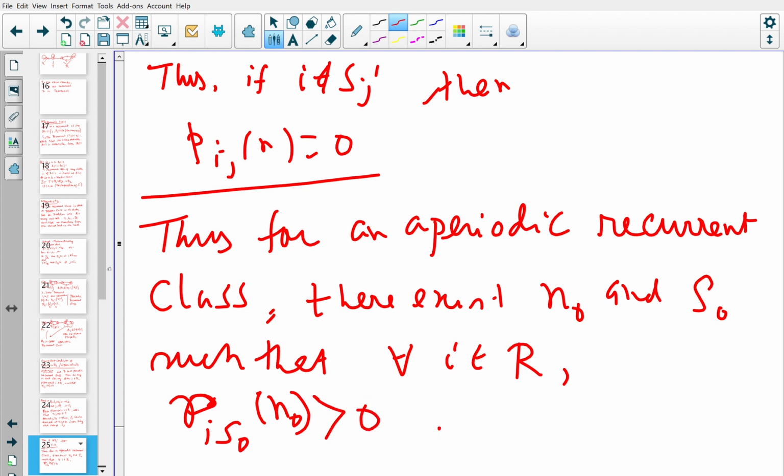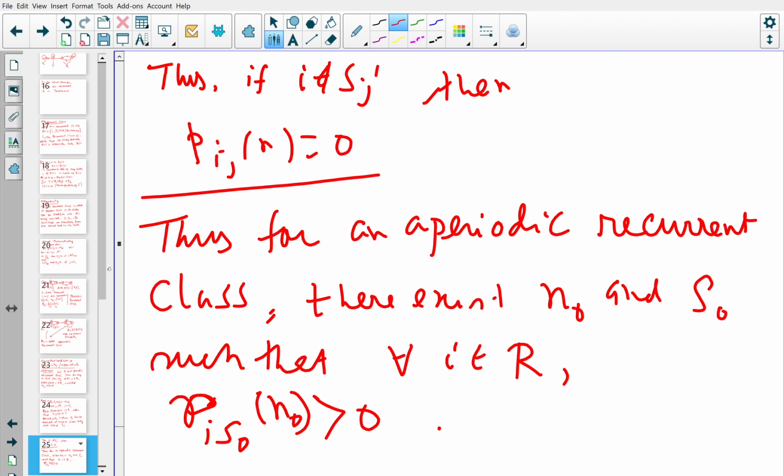The opposite of the periodic case. So you must have n naught and s naught such that you can always come to s naught from i in n naught many steps, for every i.